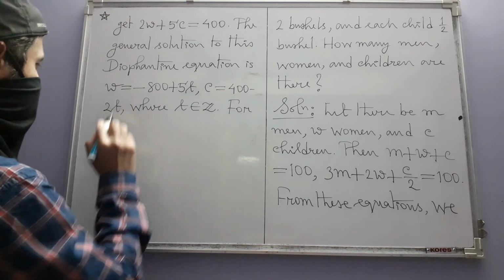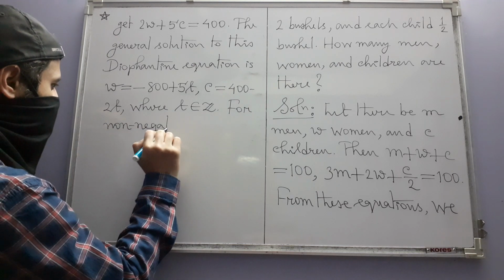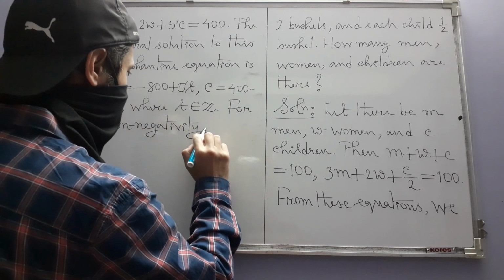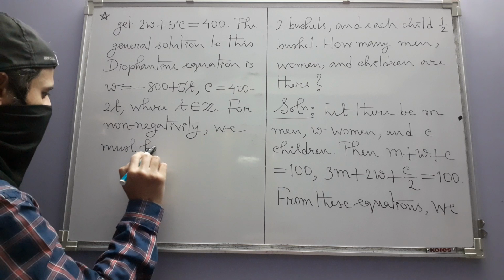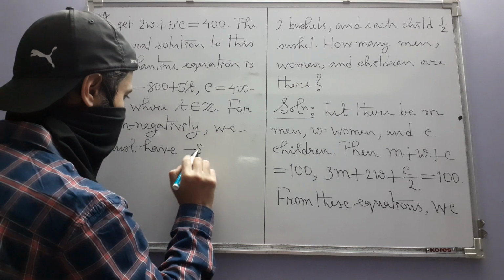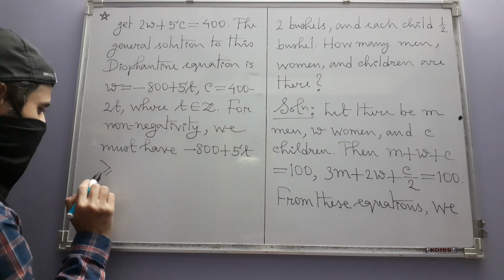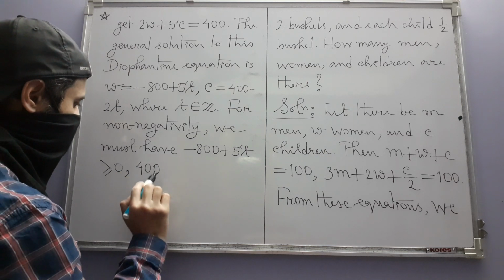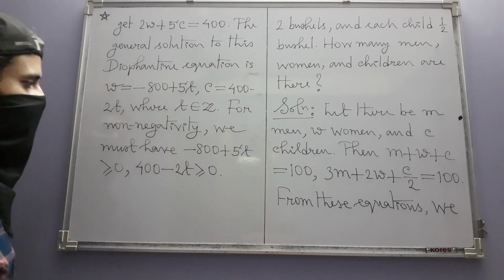So for non-negativity, we must have both these expressions non-negative: this should be greater than or equal to 0 and 400 minus 2t also greater than or equal to 0.